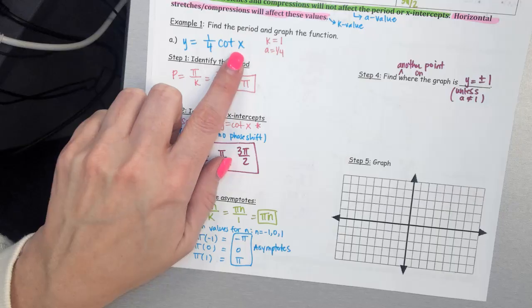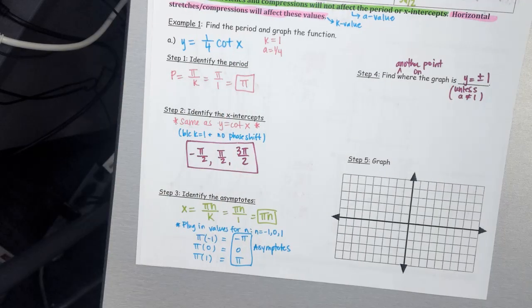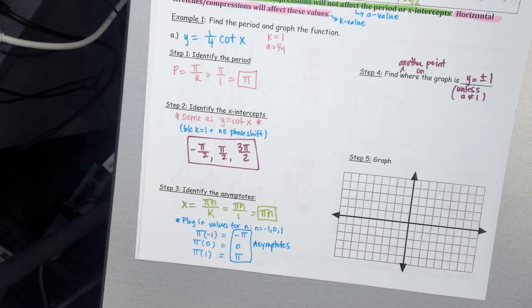Remember that when you plug in pi over 4, what do you get for the cotangent? One, right? At pi over 4, the cotangent's 1. So to find that other point, it's just pi over 4, comma 1/4.